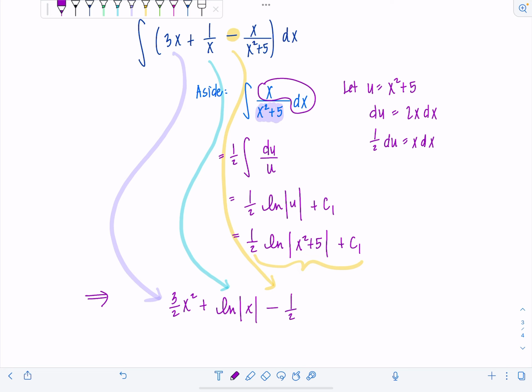Minus 1/2 ln. I don't need absolute value around x squared plus 5 because there's no way that's going to be negative, right? If you square something, it's not negative, and if you add 5, then we're good to go. So I can switch those to parentheses. If you don't, it's not wrong. It's just not as clean as can be. And then I'm going to put plus c.